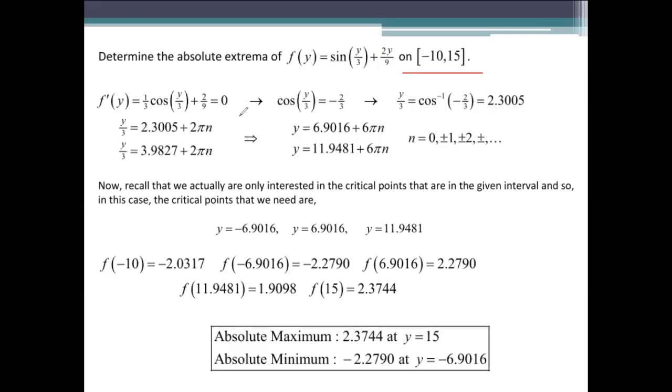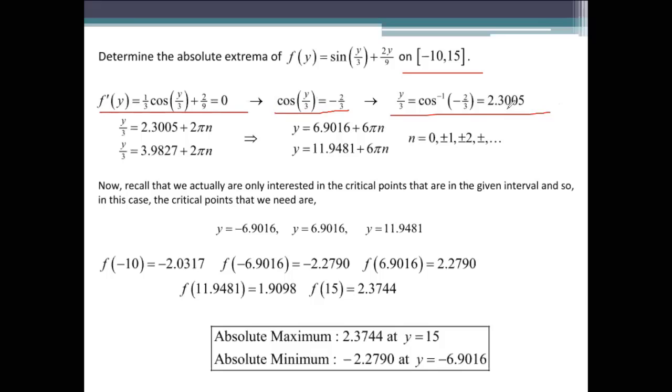Here we have this kind of equation, and when we solve it we can find the approximate value: y over 3 equals 2.3005. All of these are approximate values.